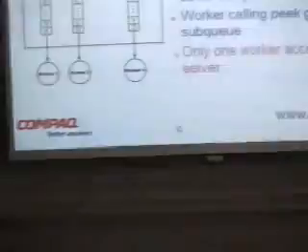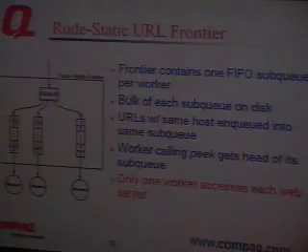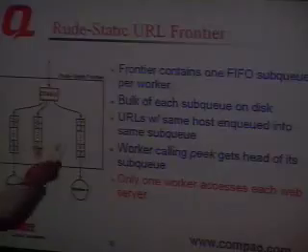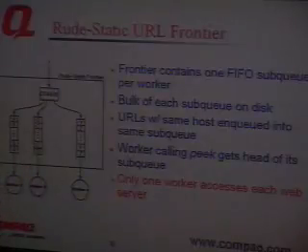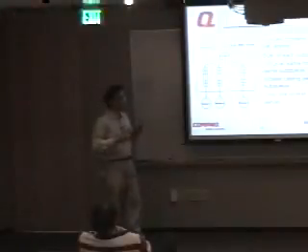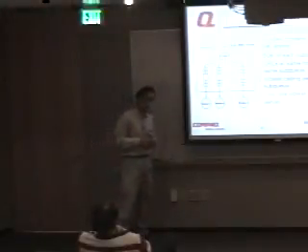In this case, all URLs with host component A end up in the first FIFO queue. And there might be other hosts in there as well, like all the Bs fall in here as well. But you're guaranteed that no A will go into any other queue. So the net result is that only worker 1 will ever contact host A. So you have a very basic politeness guarantee, yes?